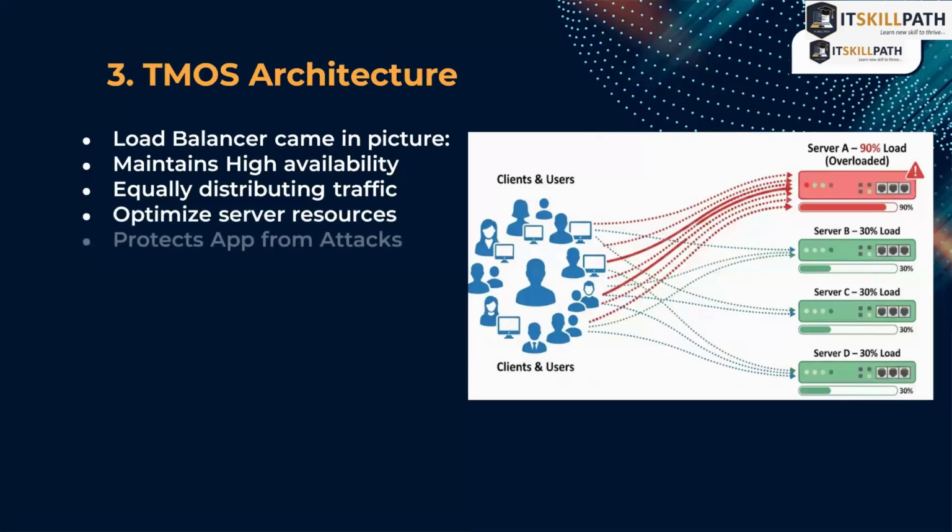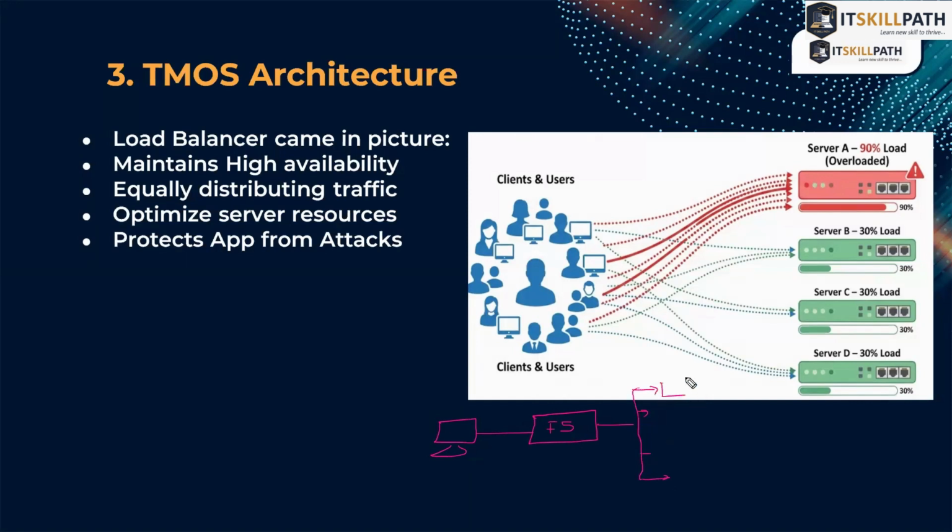Optimize server resources. How can we optimize the server resources? I'll cover this in detail during the lab, but I'll explain. Let's suppose we have servers and we have the client and F5. Earlier, if you wanted to add a server, there was a hectic process: you had to do the DNS mapping and all.